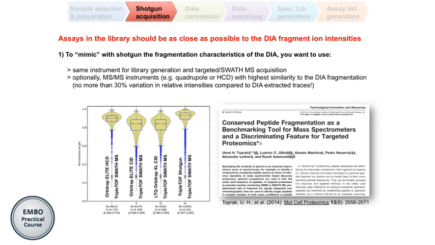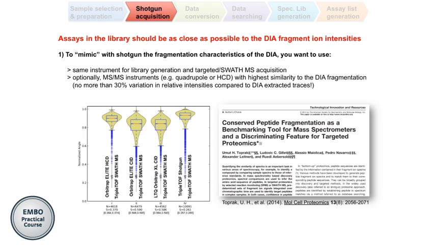This is what we call the portability, and we also have the intrinsic reproducibility. This is also in the same paper, and it is actually much better than the shotgun reproducibility. I think this is due to the fact that in SWATH, or in targeted proteomics, you integrate the area, and you're much more accurate by doing this than by just comparing the relative intensity of a single snapshot, which you get by shotgun.